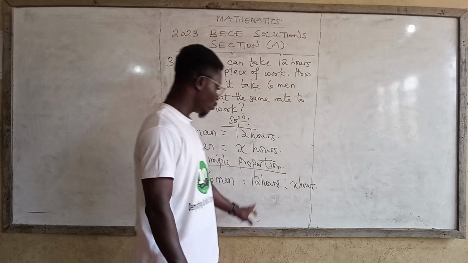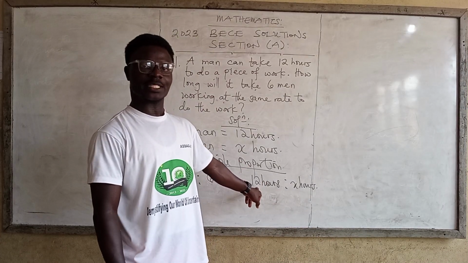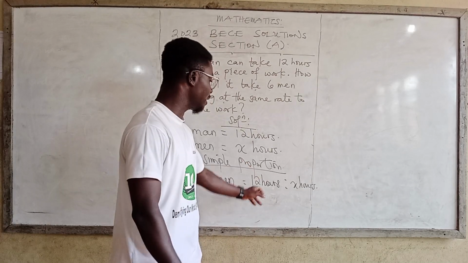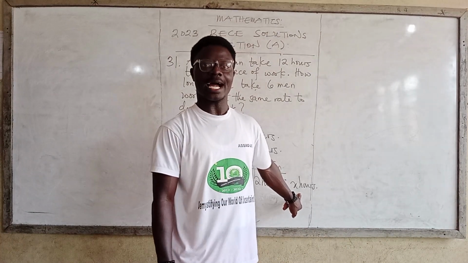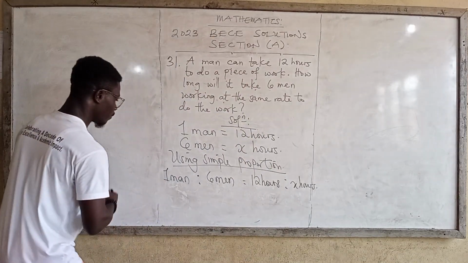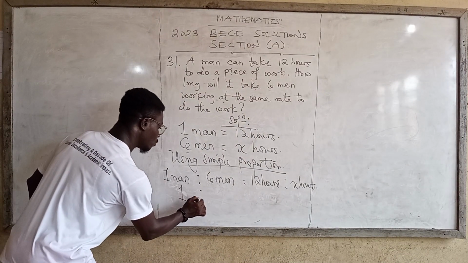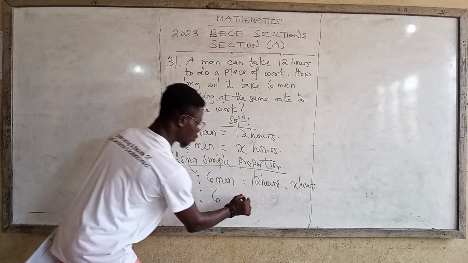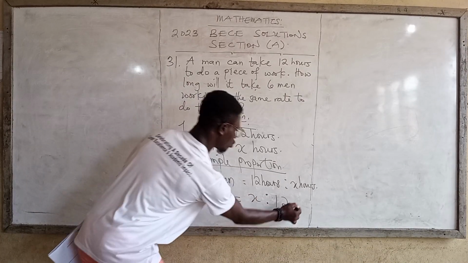So in place of the 12 hours, I substitute x hours, then in place of the x hours, I substitute 12 hours. So now let's proceed. I have 1 is to 6, so let's assume that I've cancelled that, is equal to x is to 12.